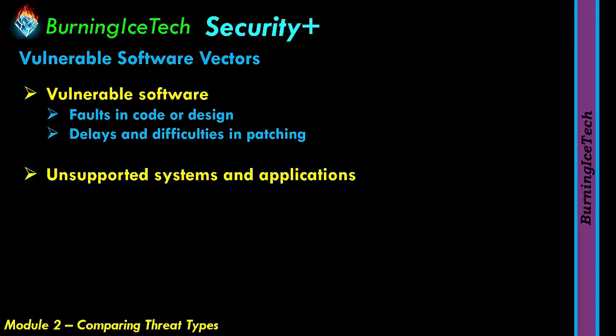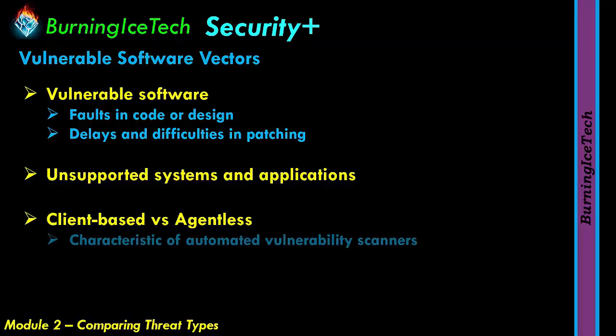Alright, folks, and then we've got something called client-based versus agentless. Now, you're probably wondering, what the heck is that? Well, folks, this has got a bit to do with scanning software in your company environments. Scanning software helps organizations automate the discovery and classification of software vulnerabilities.